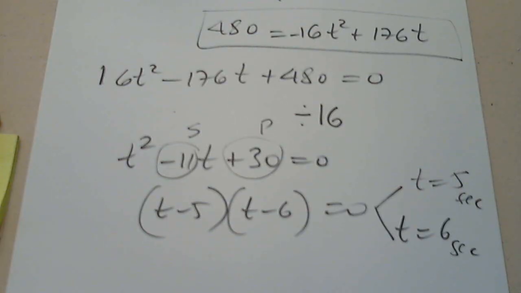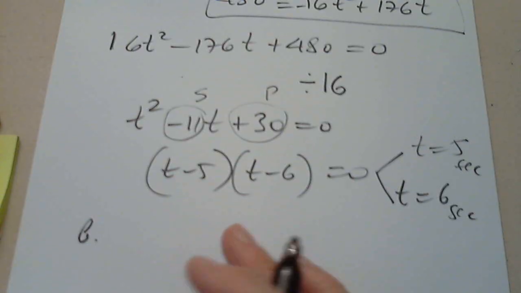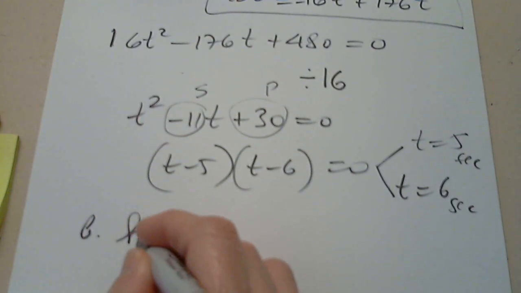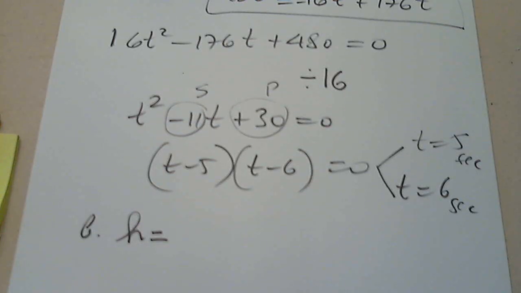What does it mean for an object to hit the ground? What is the height when we fall and hit the ground? What is the height of that object?